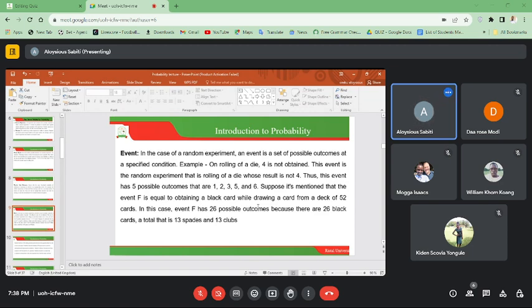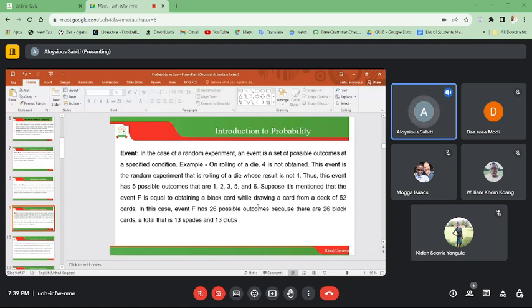For example, throwing a dice is now an event that has occurred, and therefore the outcome occurs definitely. When we're saying here that the event is a random experiment that is rolling of a die whose result is not 4, if 4 is not obtained, then it means that the rest of the outcomes are very possible.